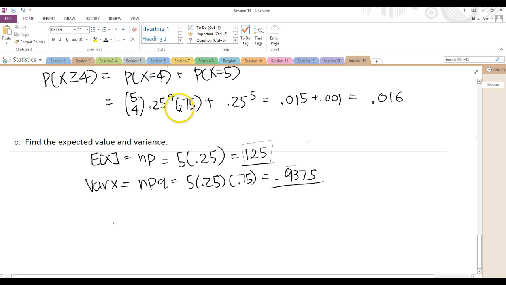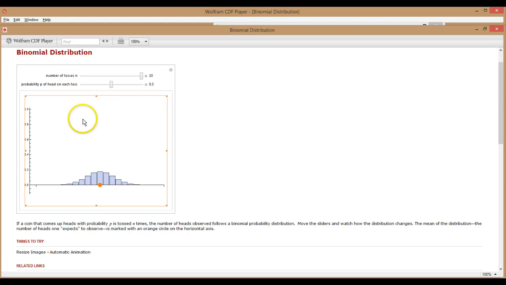So now we're going to talk about something called the normal distribution. Oh, before I do that, I forgot to do one more thing. This was for a fair coin, right? And say if it's not fair, let's just change the probability of getting heads. If you decrease the probability, you see the graph shifting towards the left side, right? But as you increase the probability, it shifts to the right side.